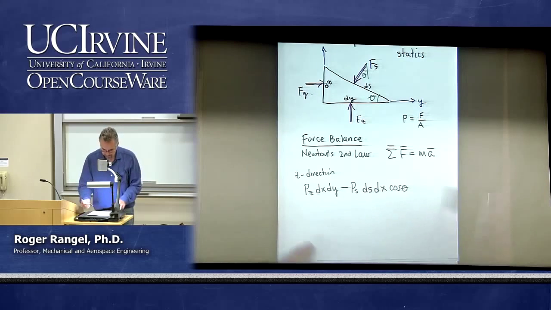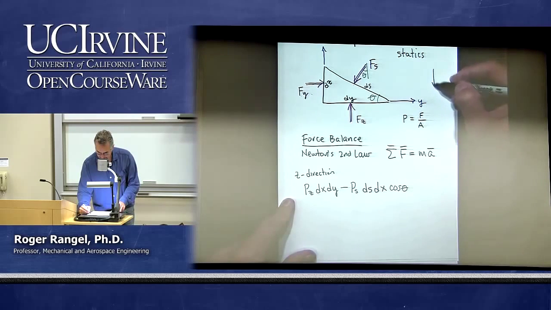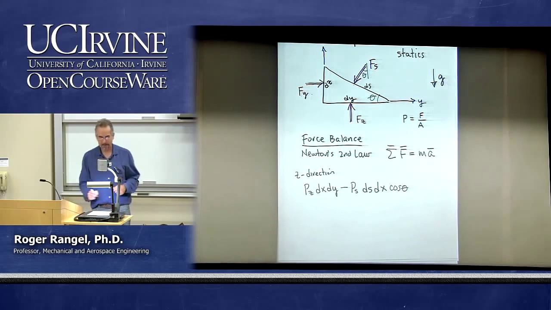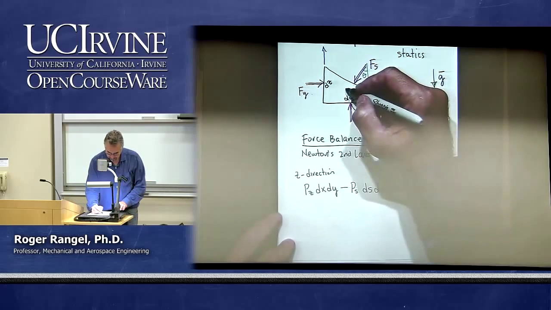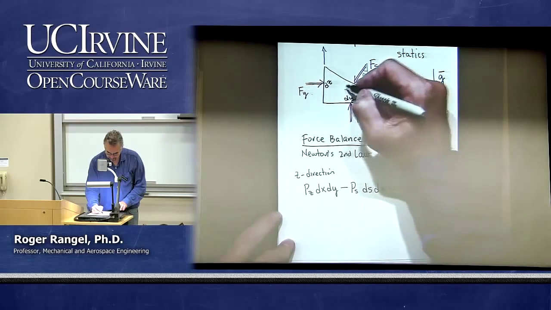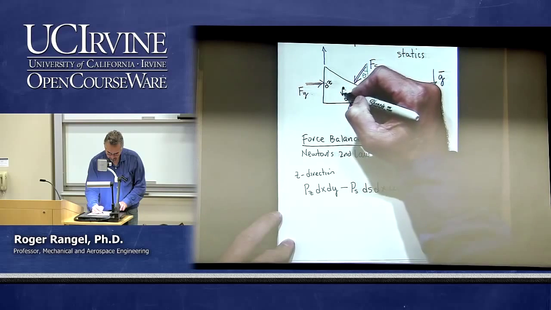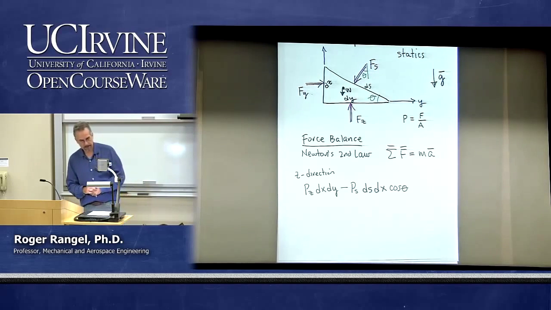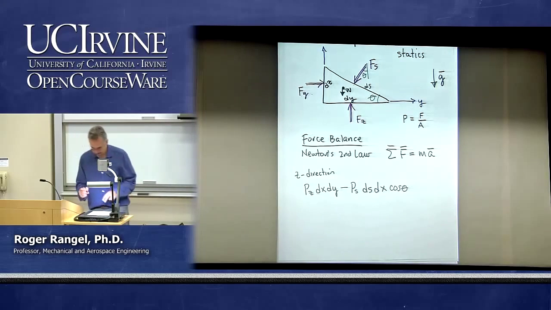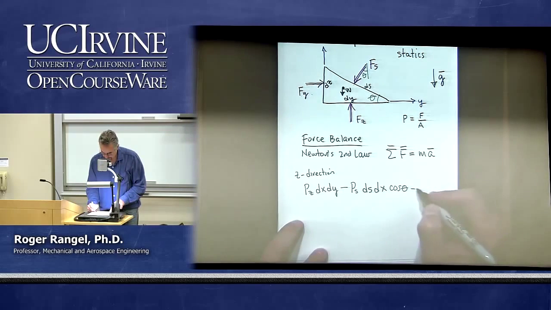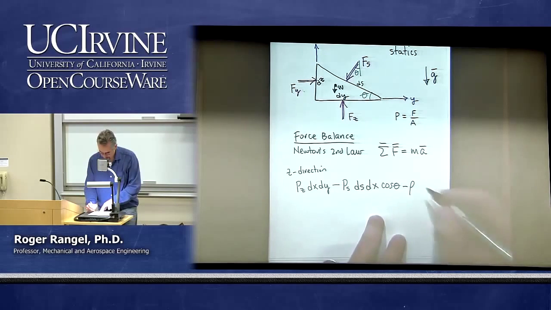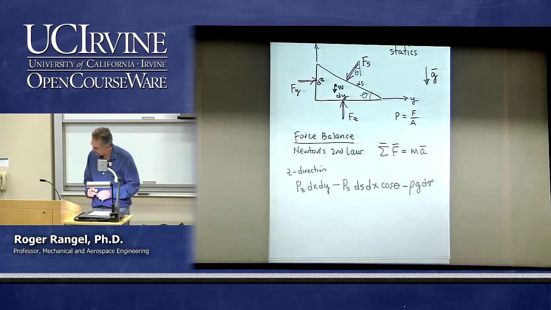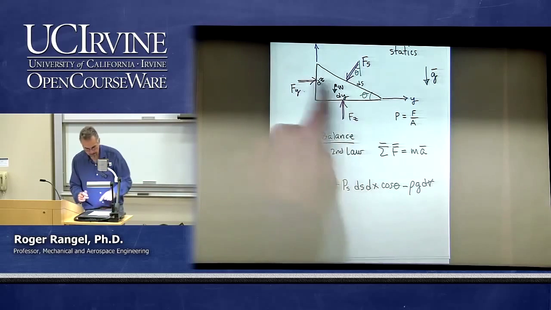And then, because I have decided that gravity is in the negative z direction, then I also have the weight of this fluid element, which is, let me draw it here, but pointing down, right? The weight of that element. And the weight of that element is the density times gravity times the volume of that wedge.